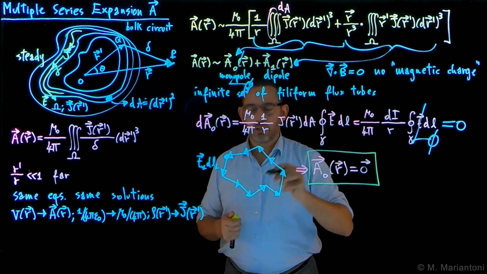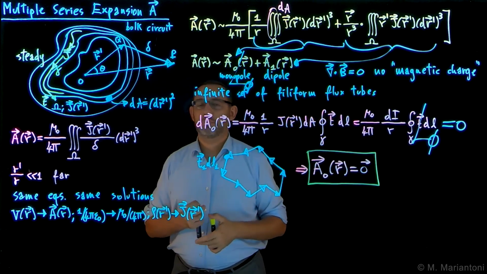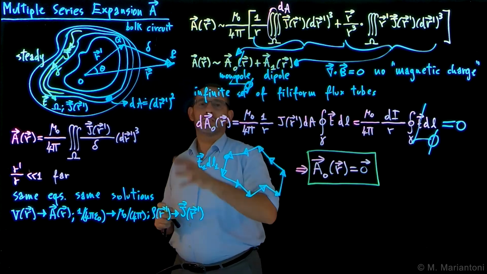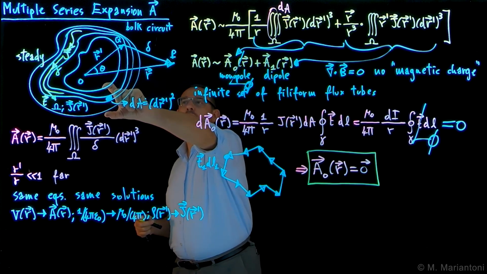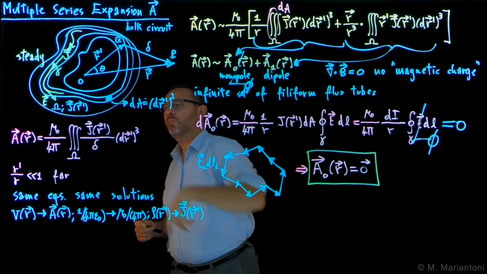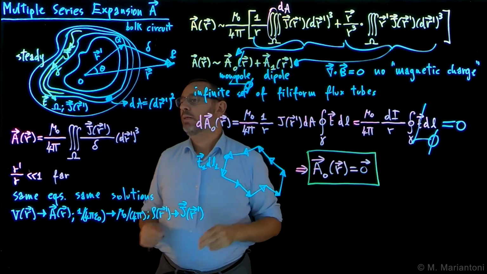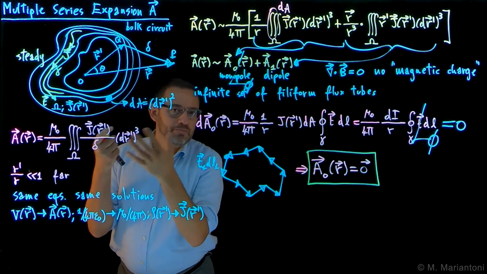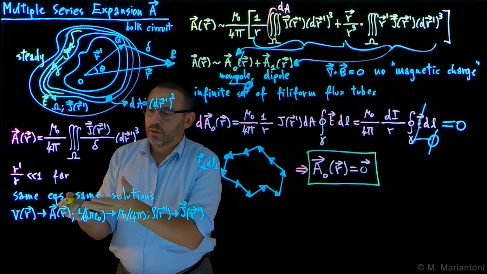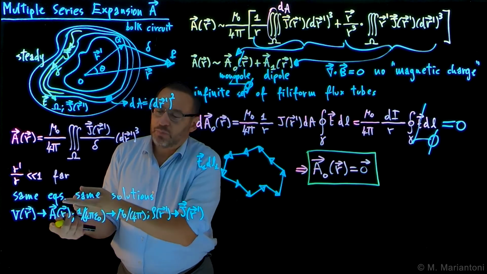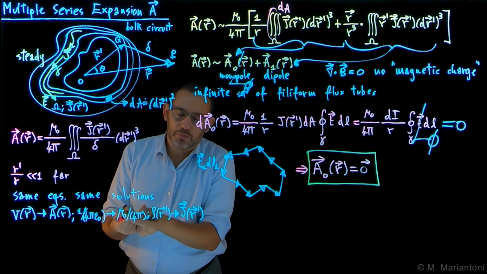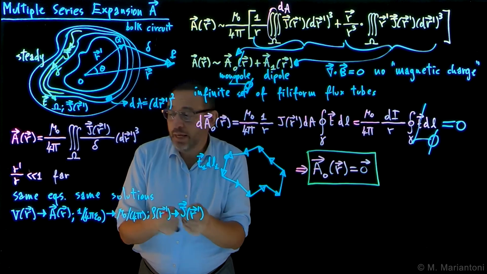So in this video, to summarize it, multiple series expansion of the vector potential A. We consider a bulk circuit with a big cross-section where there is a steady current J, which varies with r prime, same notation as for V. This is the vector potential, which is very similar to scalar potential. The only difference is that you need to do this mapping. V becomes A, 1 over 4 pi epsilon naught becomes mu naught over 4 pi, and rho becomes J vector.